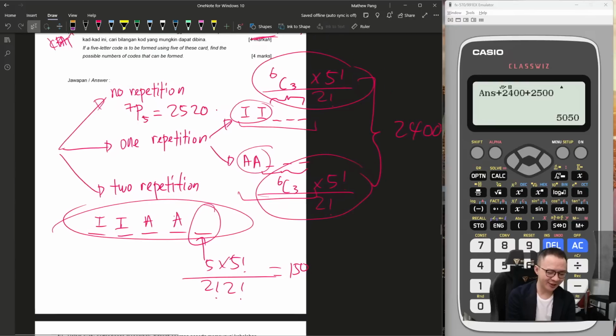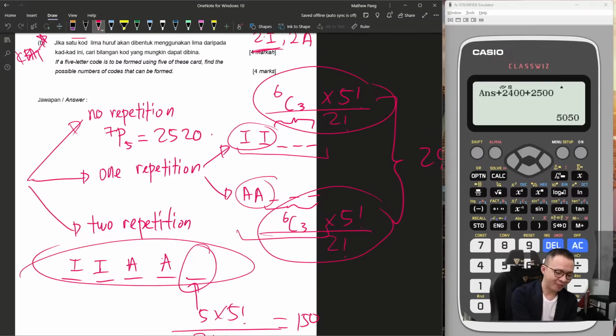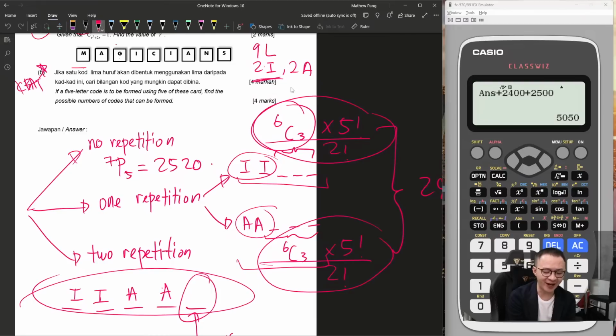I know the answer is 3870, but I'm not sure why they actually take 5 letters. They do 5C3 here. That means for double I, they take out double A. But my concern right now is why can't I have I and one A and any other letter like this?